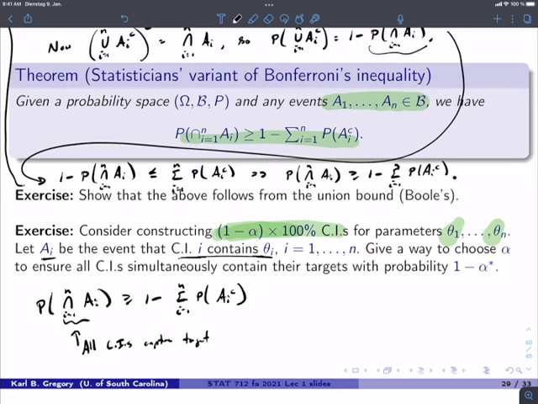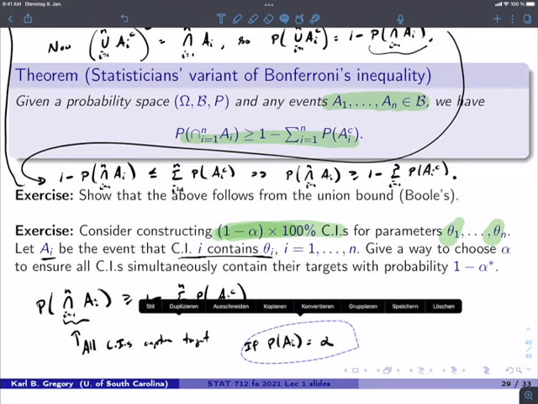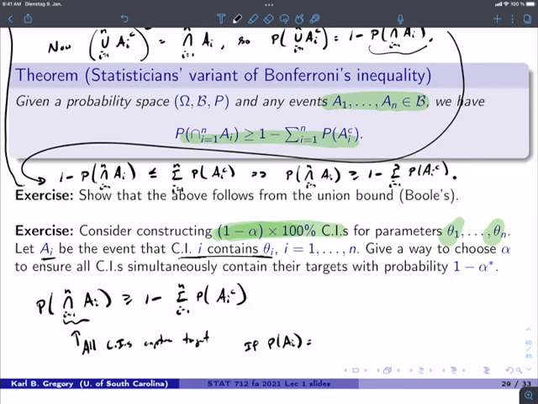So let's say the probability of each AI is, sorry, is 1 minus alpha. If the probability of each confidence interval covering its target is 1 minus alpha, then this is like 1 minus n times alpha.